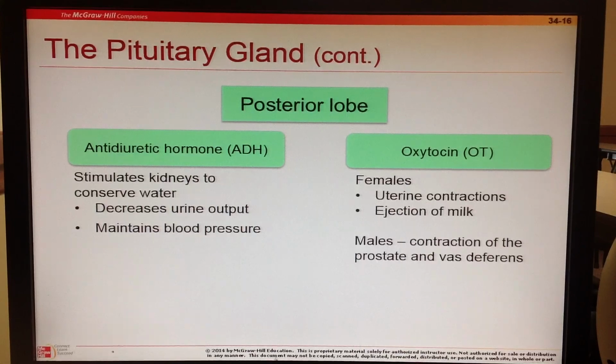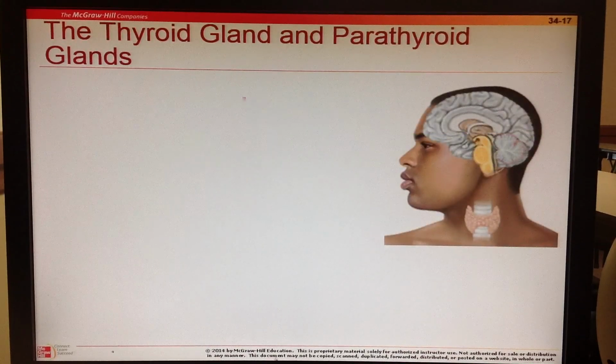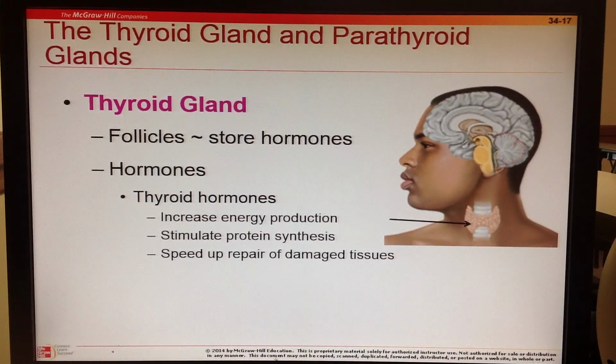So right now, we're on page 662. Thyroid gland, which is also on page 662. Remember that TSH is made from the anterior pituitary. And thyroid hormones made by the thyroid gland are needed by almost every single cell in the body.